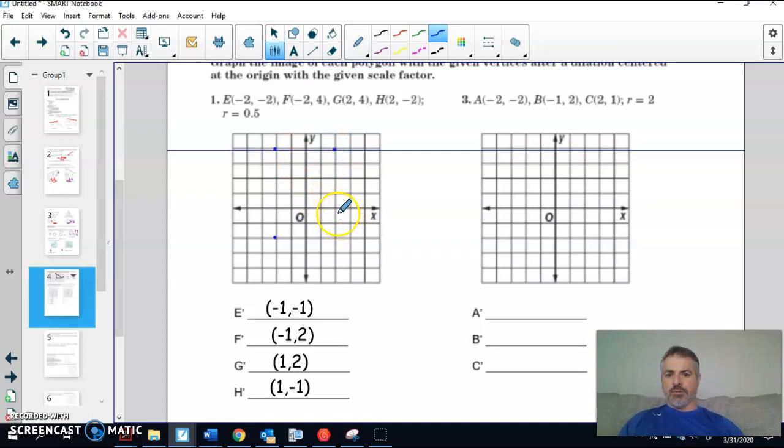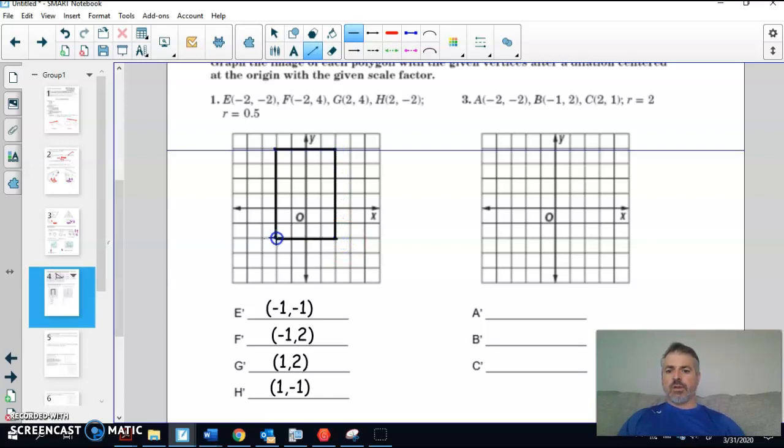And then 2, negative 2. It ends up being there. So this is now my pre-image in blue. Well, it's going to be black lines. So that's my pre-image.